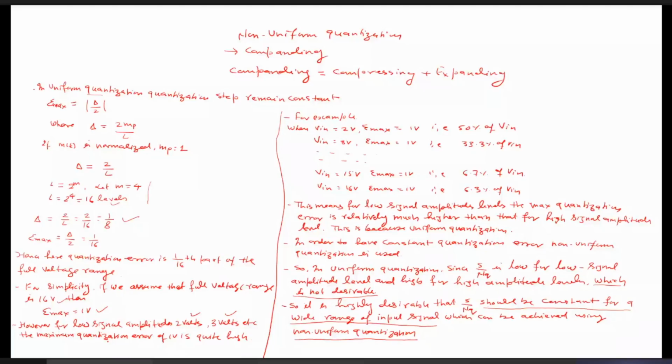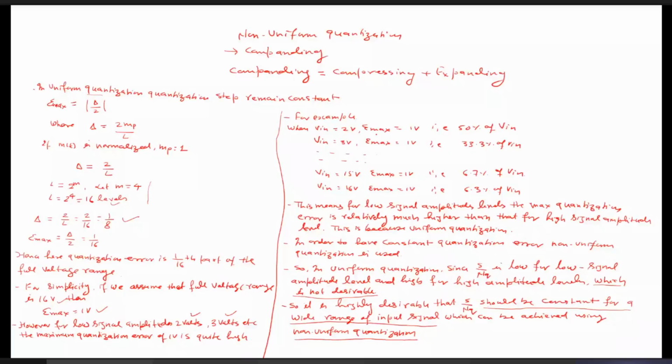For example, if you take the input voltage as 2 volt, then the maximum quantization error will remain at 1 volt. That is, it is nothing but 50% of the input voltage, 1 by 2.